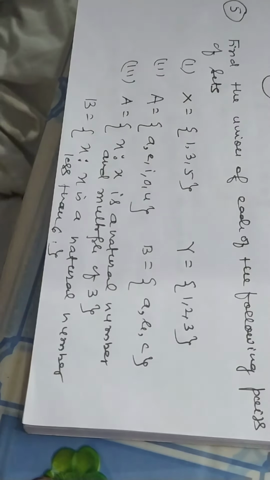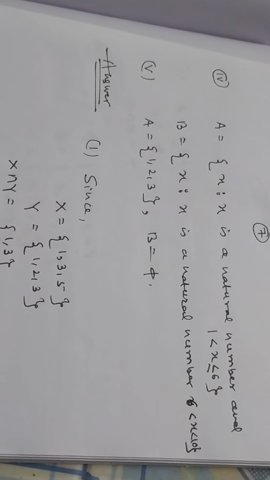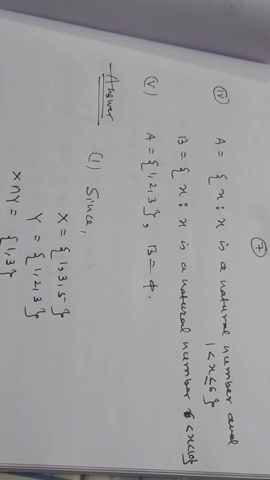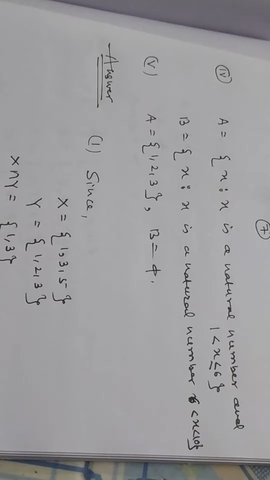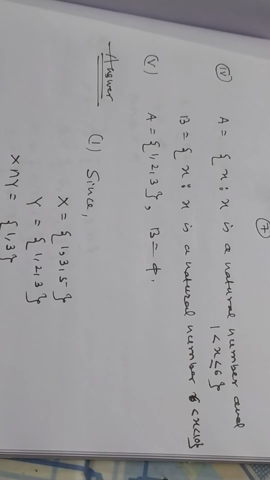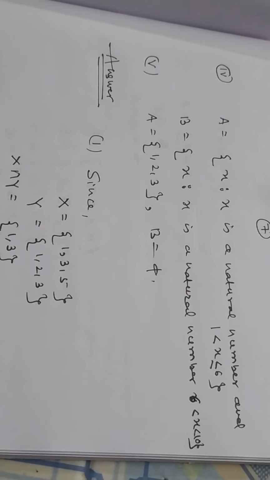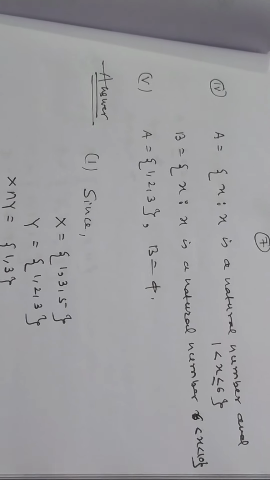So, my dear students, now I want to discuss all the problems one by one. Problem number 4, A is equal to the collection of elements x such that x is a natural number and 1 less than or equal to x, x less than or equal to 6.